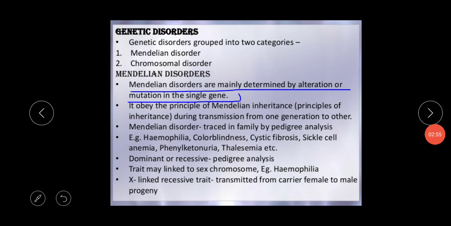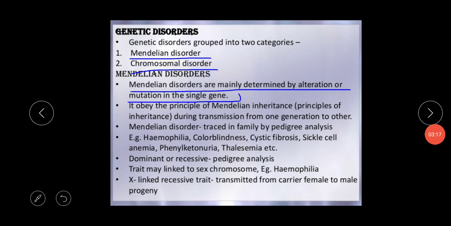Already we have discussed that genetic disorders are grouped into two categories, the Mendelian disorder and the chromosomal disorder. Clear? So what is the basic definition of Mendelian disorder? These kinds of disorders are determined by the alteration or mutation in a single gene.